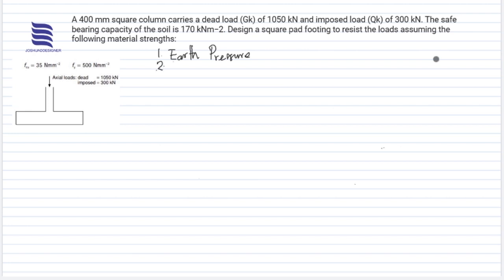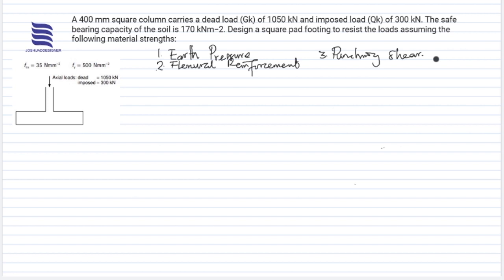Secondly, we check the flexural reinforcement. And lastly, we do the punching shear. Now, so these are the three things we want to check out for today. Then we'll be done in simple steps.